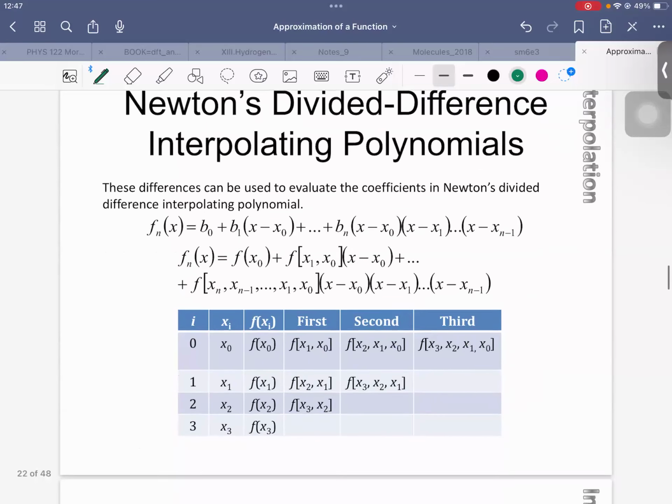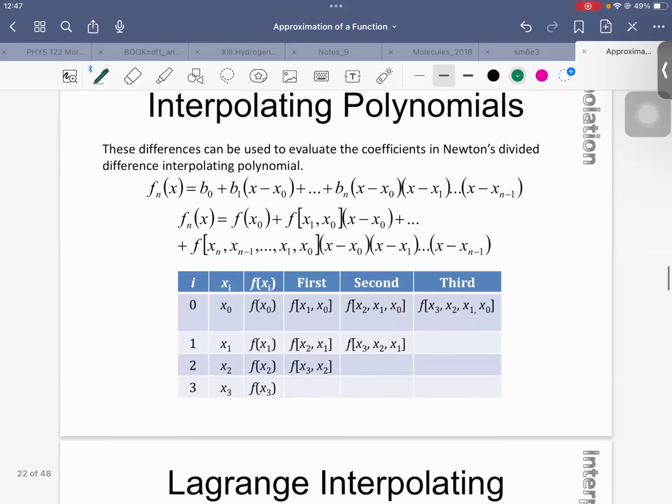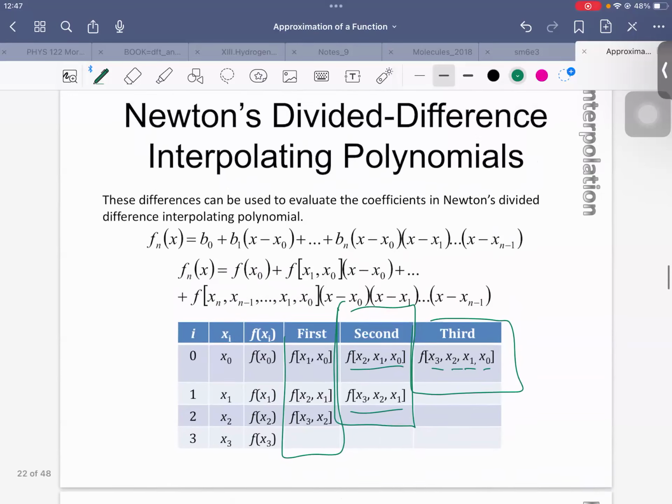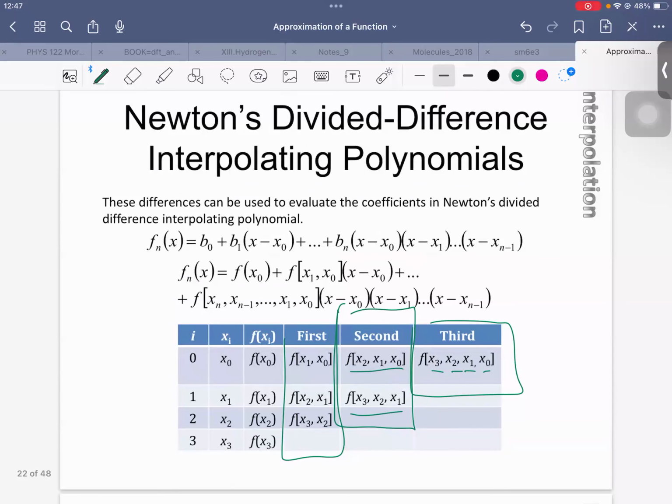The coefficients would be increasing. For example, for first order, you have this. For second order, the dependency is on three values. For third order, you have 4 values of x, the finite differences, the divisions. Okay? All right, so that's it for now.